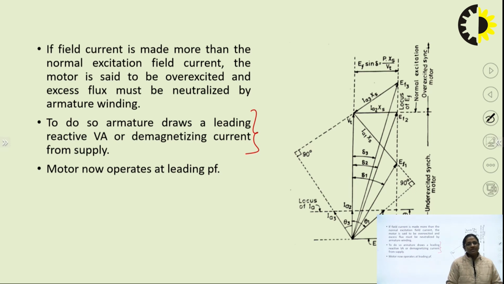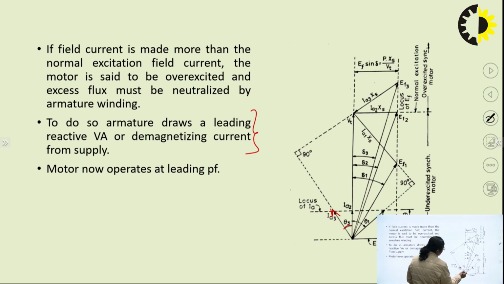A demagnetizing component of current is the component of current which leads the voltage by an angle of 90 degrees. So, now the armature current would be having two components, one in-phase component with Vt and another one is the leading component by an angle of 90 degrees. The resultant of these two gives us the new current Ia3, and you can very well see the magnitude of Ia3 is different.